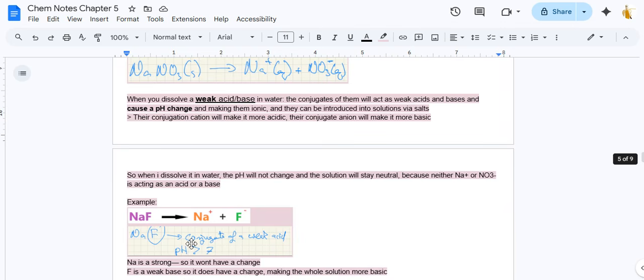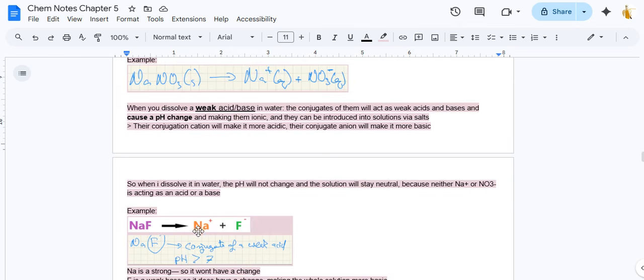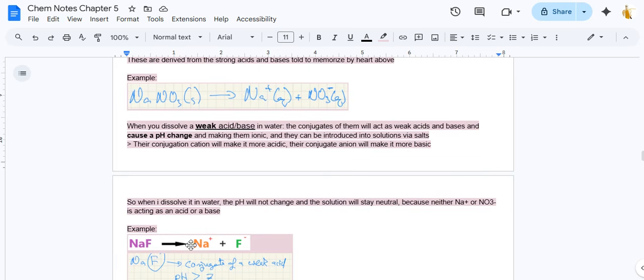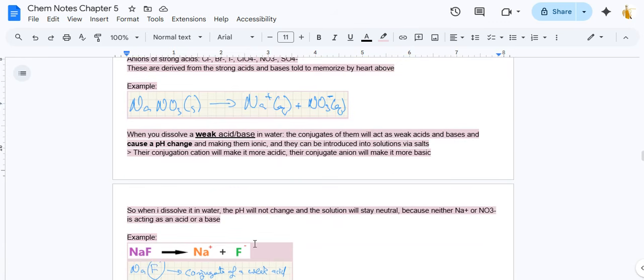But here, in this dissociation, Na plus is again a cation of a strong base. So Na plus here won't cause a pH change in water when it's dissociated in it. But F minus here isn't on this list. So F minus will cause a pH change in water. And what's F minus?